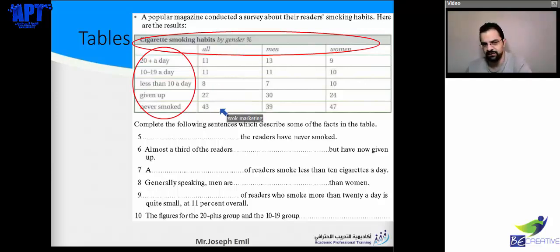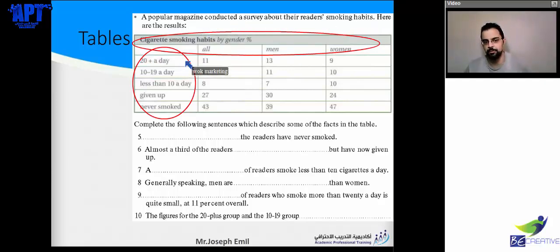Of course, there is 43% who never smoked, or the non-smokers, or those who had given up. That's a very nice statistic here, saying that those who had given up and those who never smoked represent the largest percentage of the people who were asked.